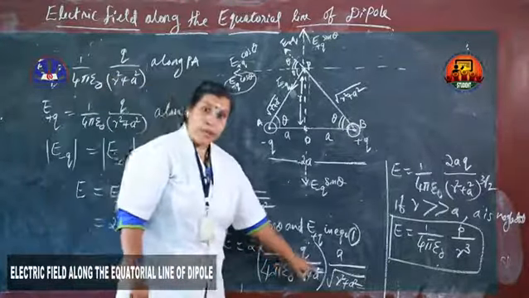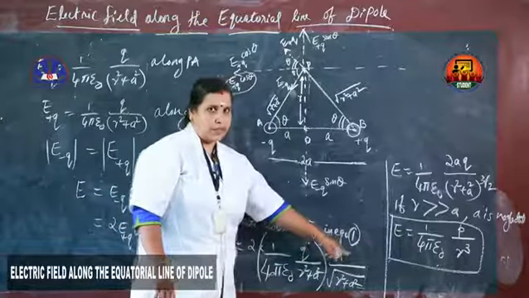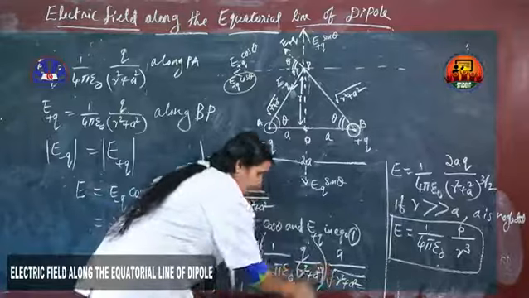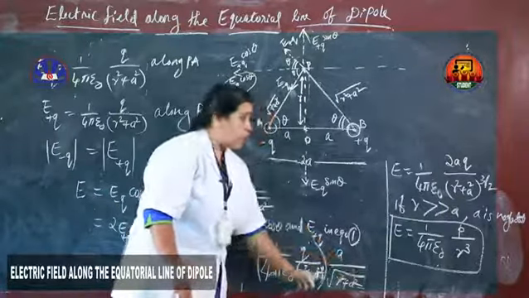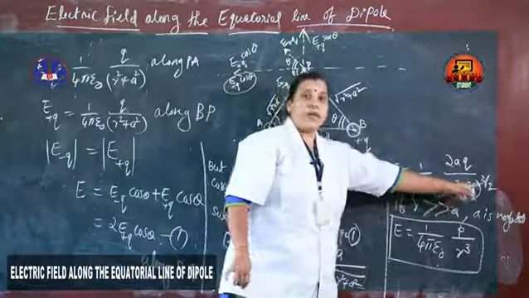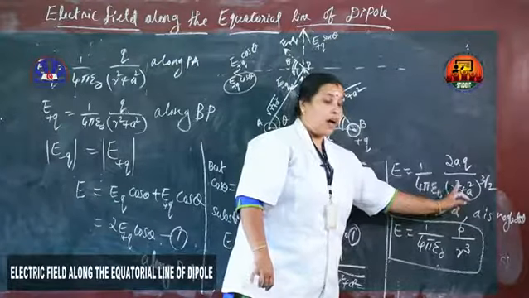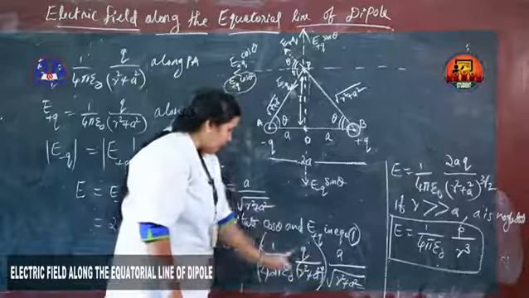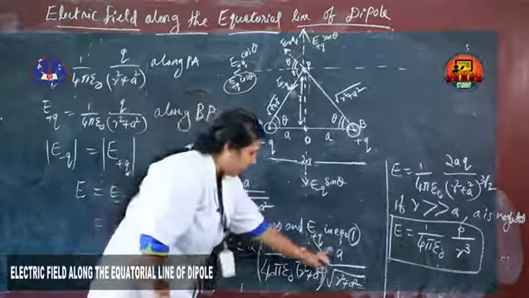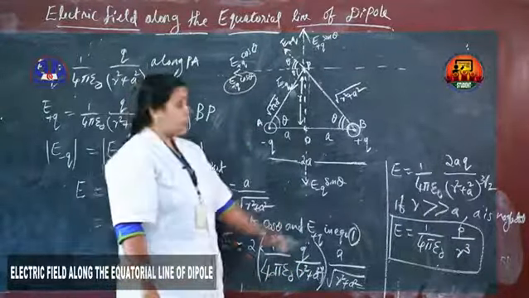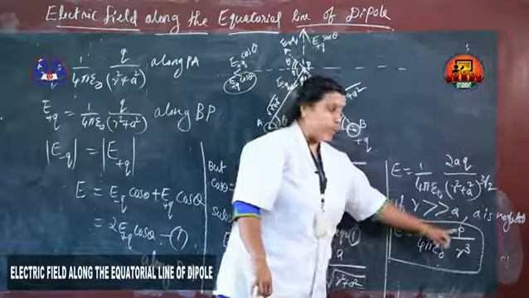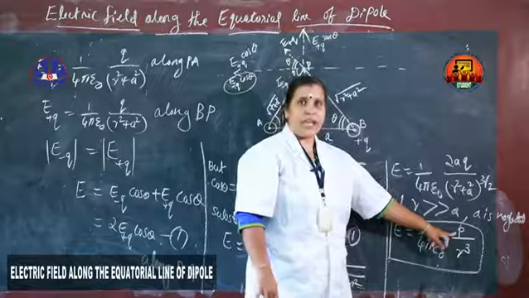There comes r square plus a square and root of r square plus a square. What about their powers? Its power is 1 and its power is half. So 1 plus half gives 3 by 2, and the denominator becomes r square plus a square whole raised to 3 by 2. In the numerator there comes 2aq. What is 2aq? 2aq is the dipole moment. So instead of 2aq you can write p, the dipole moment.